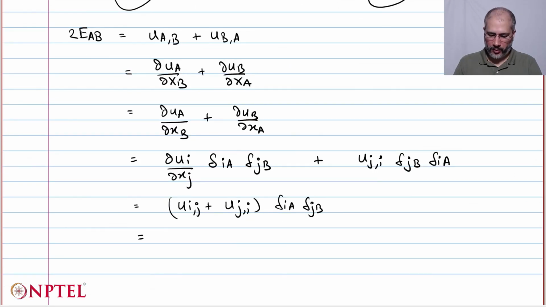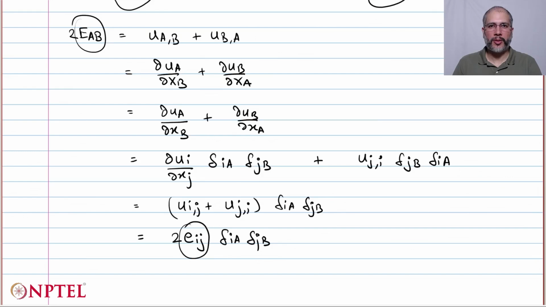which if you recall was twice the linearized Eulerian strain tensor or the Eulerian infinitesimal strain tensor. So we have shown that the Lagrangian strain tensor is the same as the Eulerian strain tensor in the situation when the displacement gradients are small or when we're talking about infinitesimal deformations.